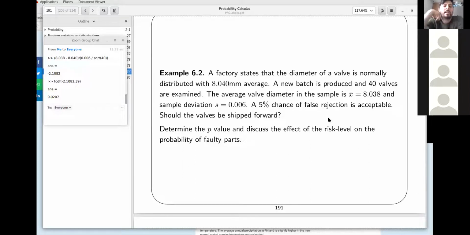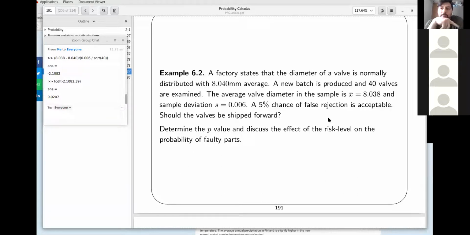Well, the thing here is that the probability of false rejection means that we reject parts that are perfectly fine. And that would be the type 1 error. The type 2 error would be that we accept parts that are wrong. So remember, let's say that we don't change the n.